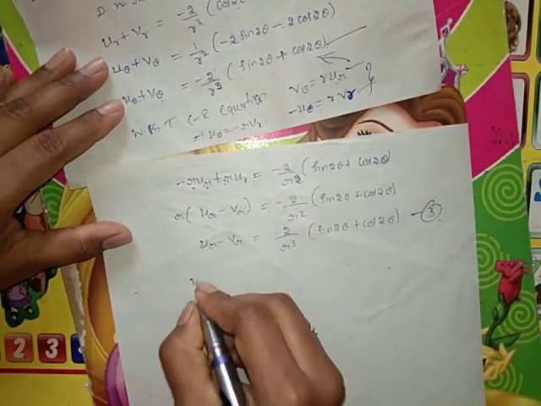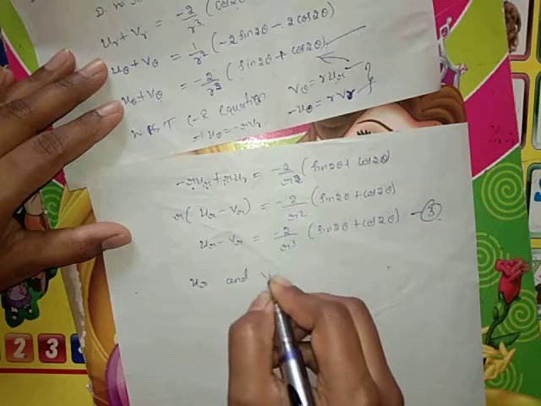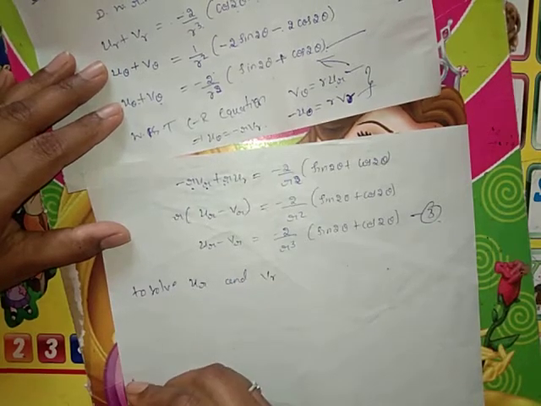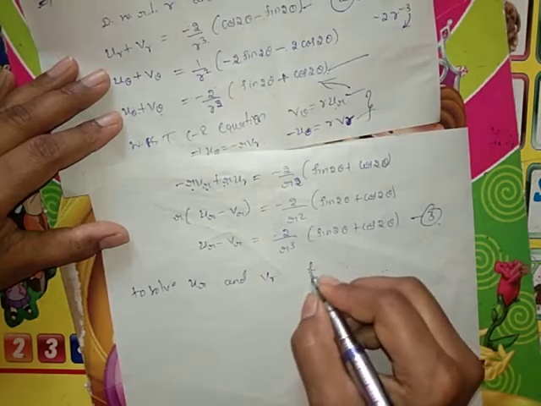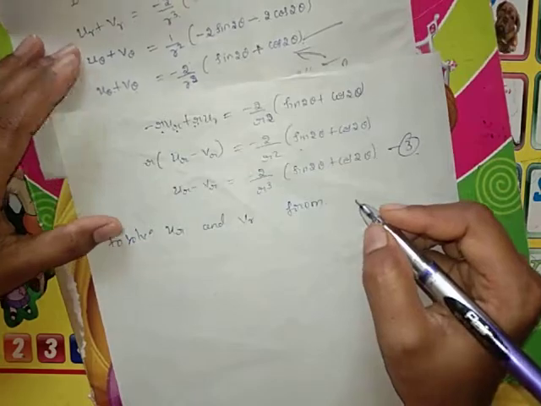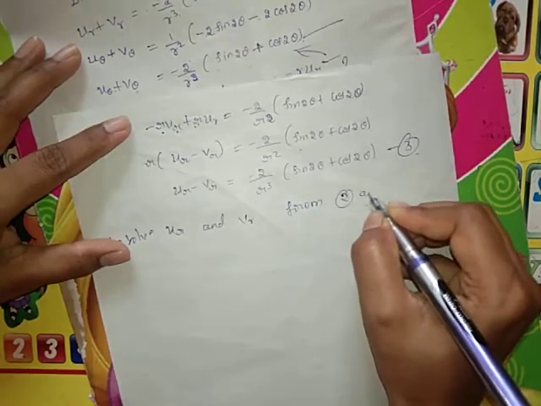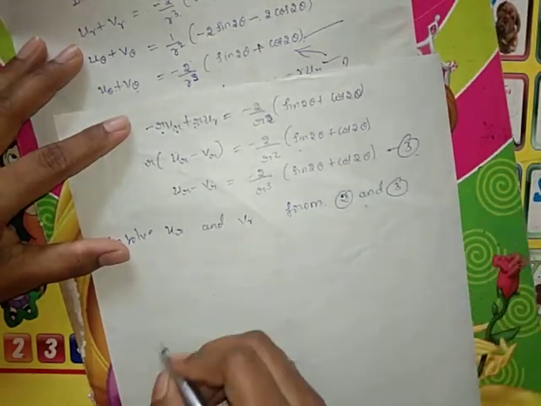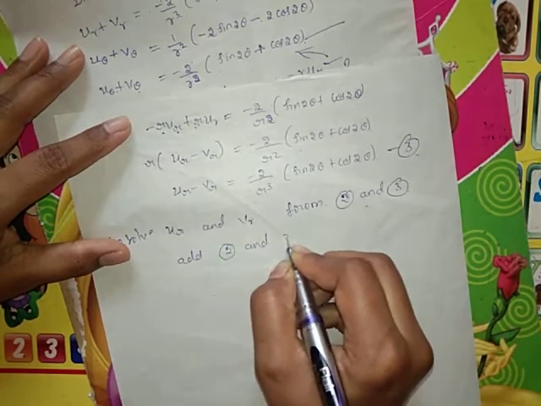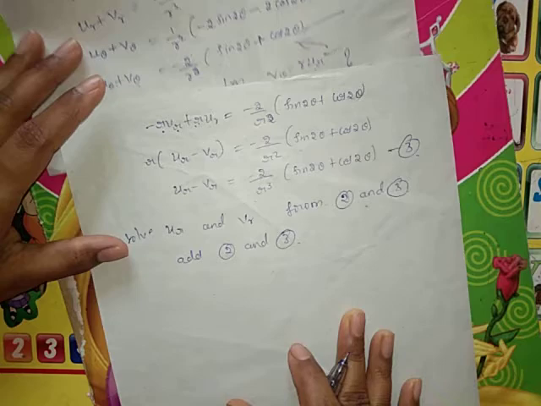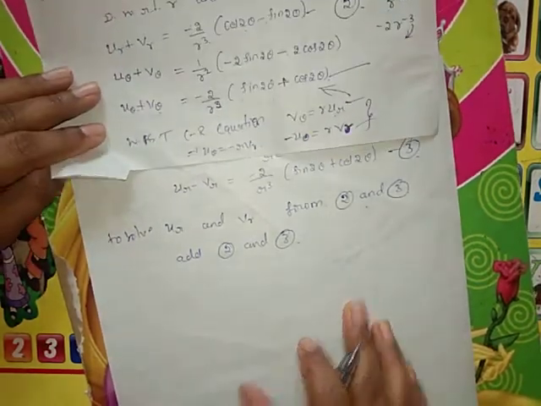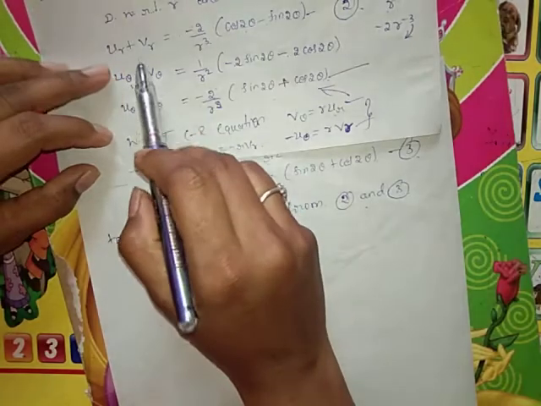Now we have to solve ur and vr from 2 and 3. I am going to add 2 and 3.